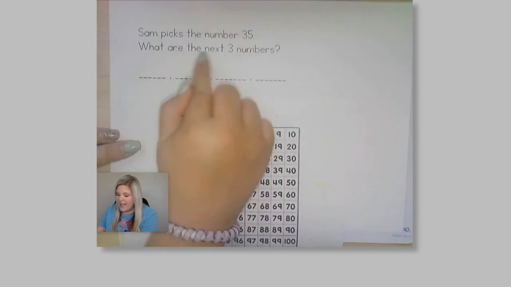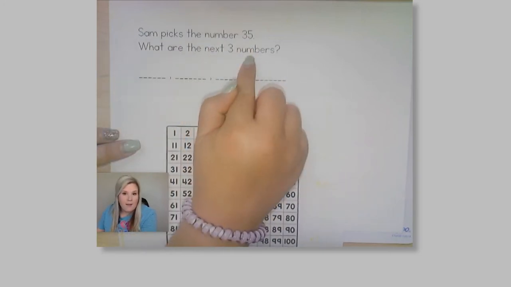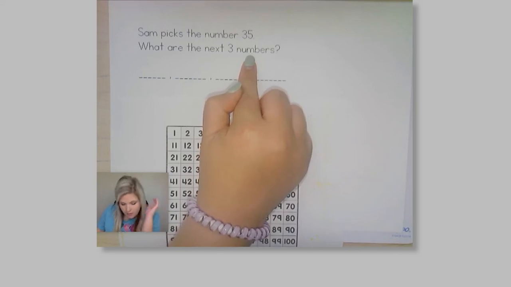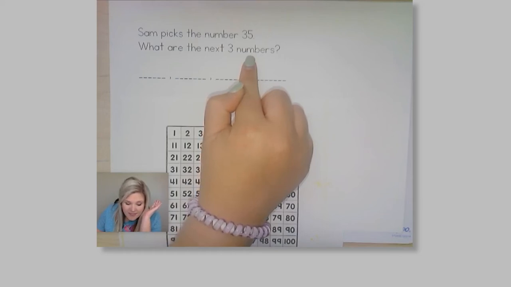What are the next three numbers? What number should we begin counting with? Me too. I agree. We will start at 35.